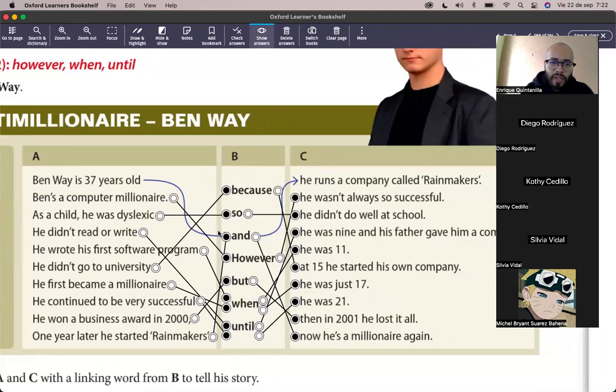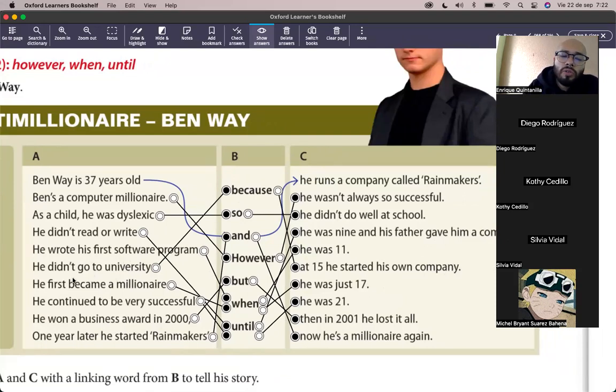He wrote his first software program when he was 11. He didn't go to university because at 15 he started his own company.